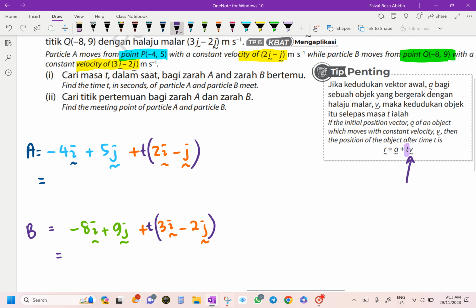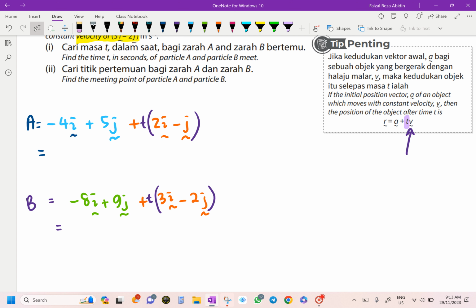2t. Okay, so for this one how do we do it? We can't solve it like before. So this one is 2i minus jt. 2i minus j, this is going to be for our t, minus 4i plus 5j.